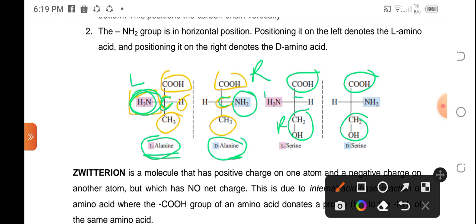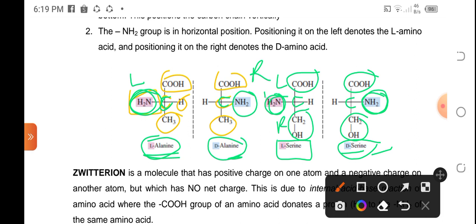With referring to the alpha carbon atom of this serine, the amino group is oriented on the left. So therefore, this is the structure of L-serine. And with the orientation of the amino group on the right side of the alpha carbon atom, therefore this structure is for the D-serine, or the D amino acid.